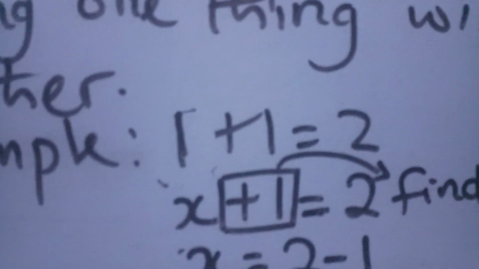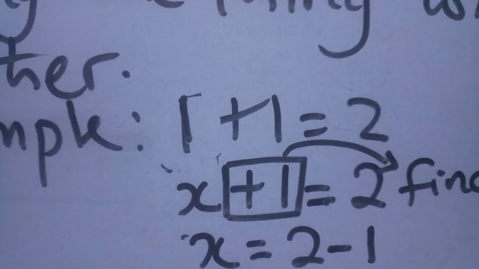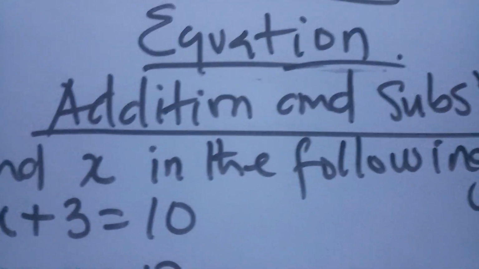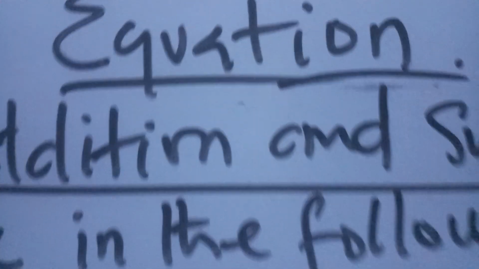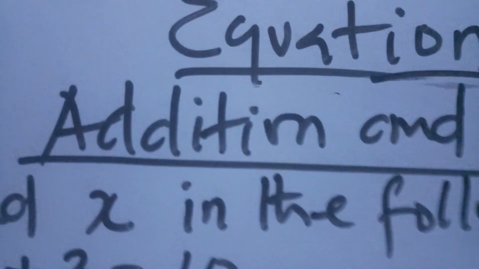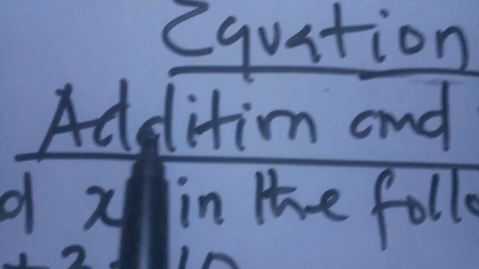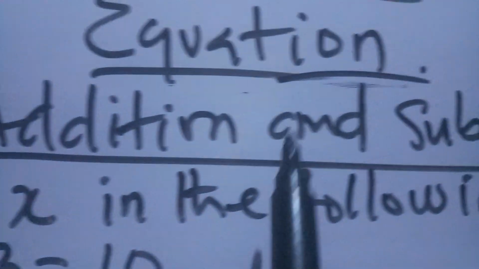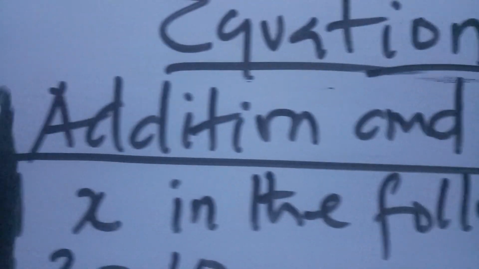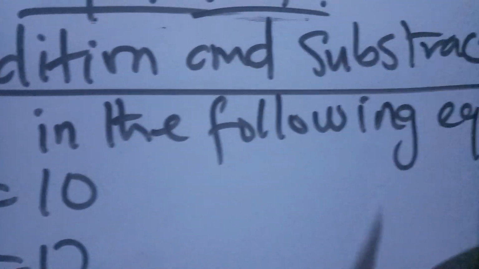This is just a one variable equation. So this is just an explanation. Let me go more into it. Today we'll be looking at addition and subtraction. But if we cannot finish addition, I'll continue in the next lesson with subtraction.